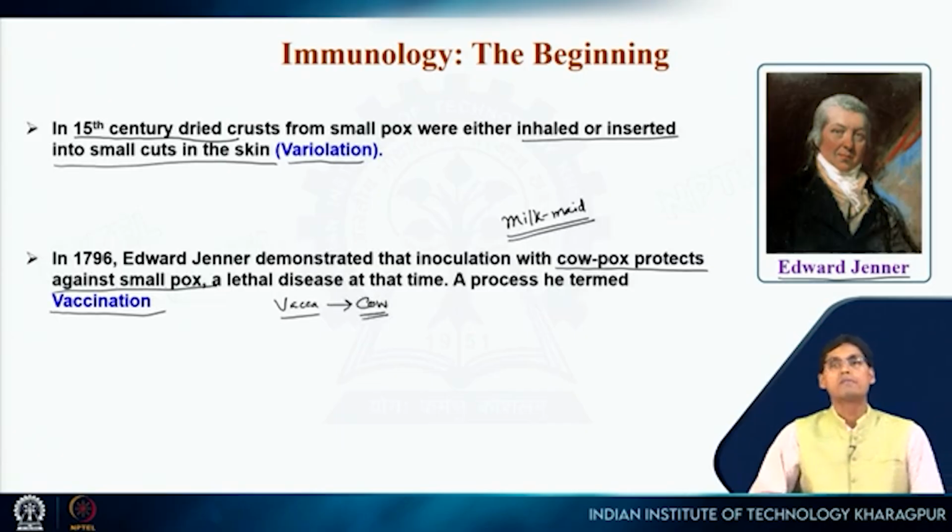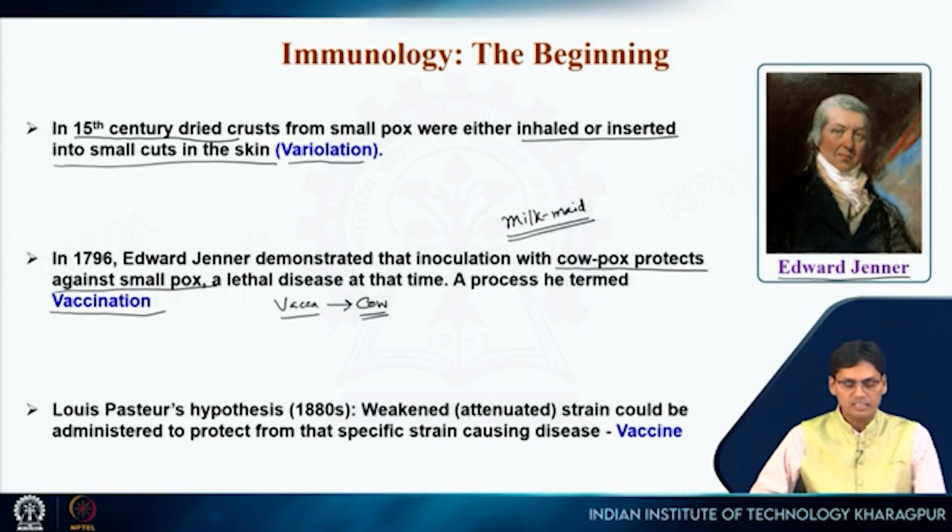The idea is that the cowpox virus somehow creates something in the milkmaids so that they get some kind of protection from the smallpox virus. And this is the starting point of vaccination.